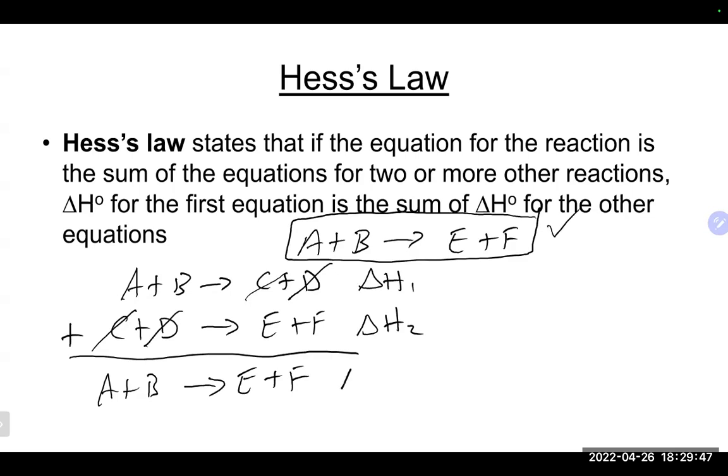So if I wanted the delta H for this reaction, I would simply add up my delta H values here. I could just add those together, and that would give us the overall reaction that's happened here.